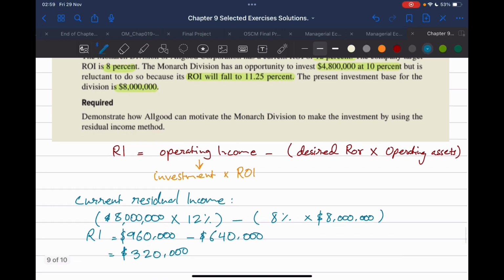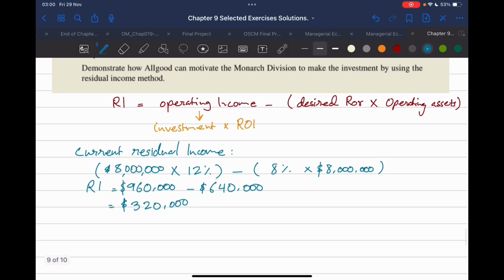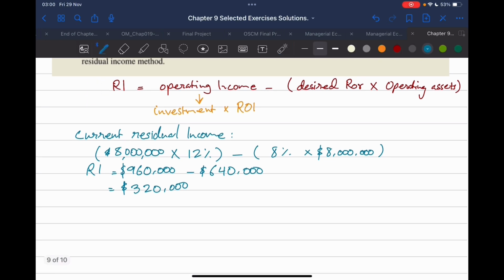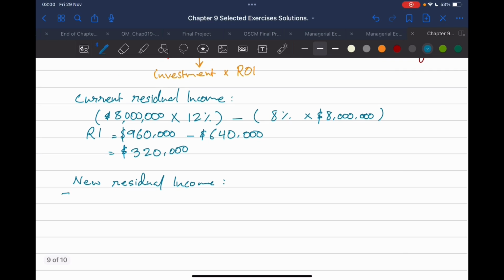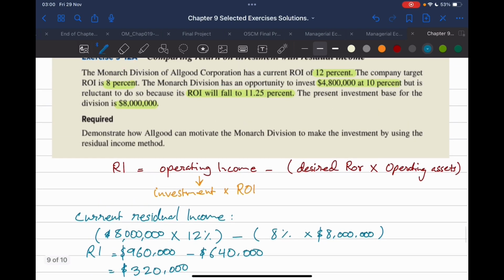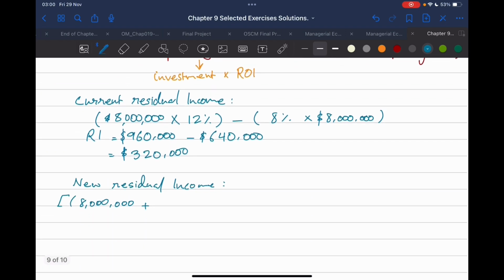Using the same concept, but adjusting the numbers, the new residual income is going to be the same 8 million, which is the investment base, plus the new amount that is going to be invested, 4.8 million.